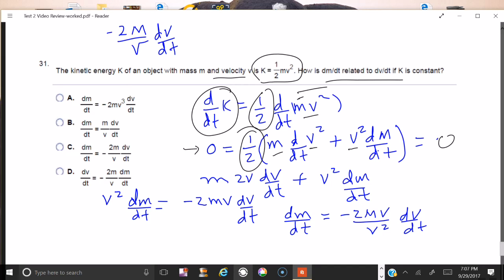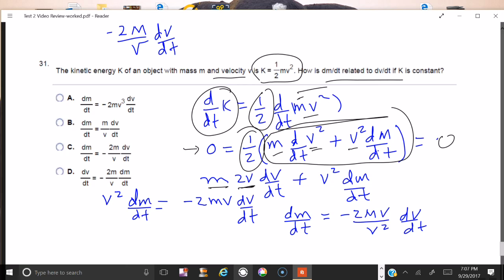Now, if all that is equal to 0, then we can divide through by 1/2. And now we need to calculate m times d/dt of v squared, which is 2v dv/dt, taking the derivative with respect to v and multiplying it by dv/dt, and then v squared dm/dt.